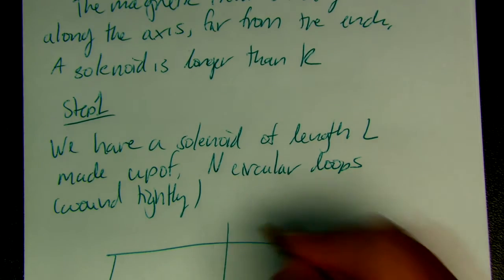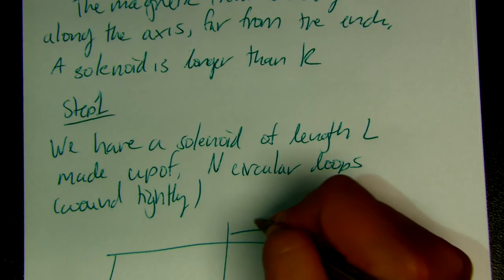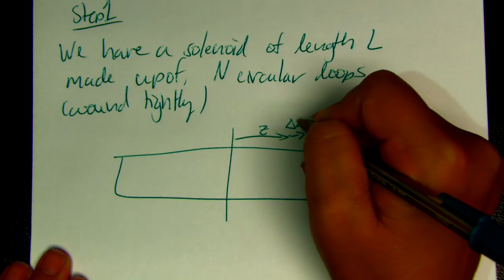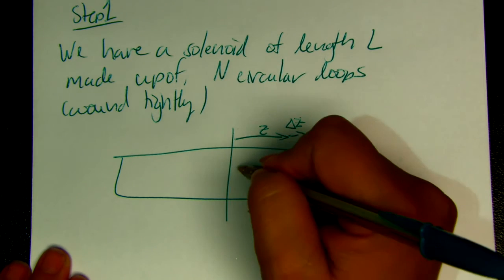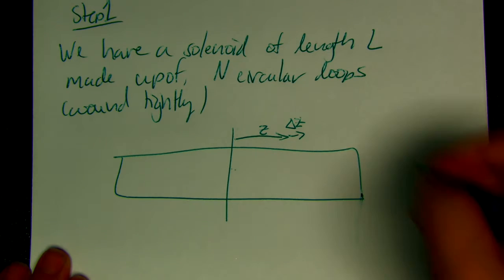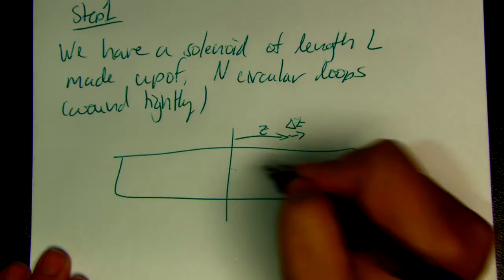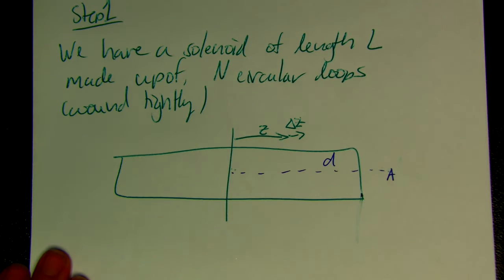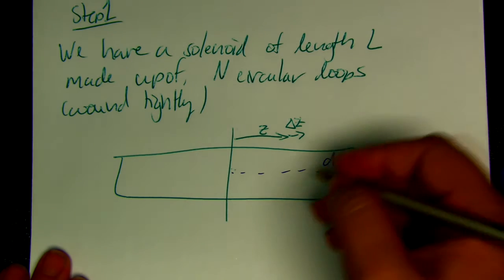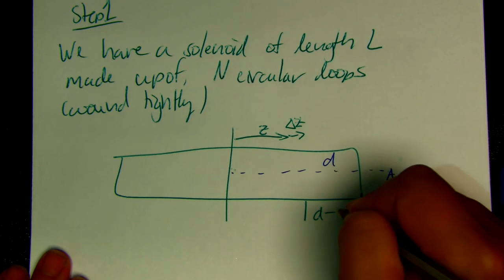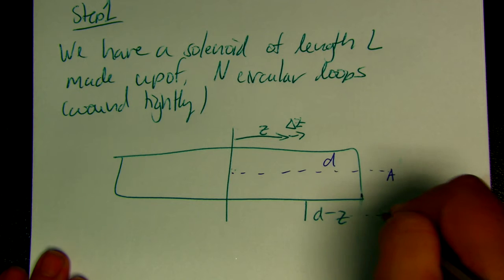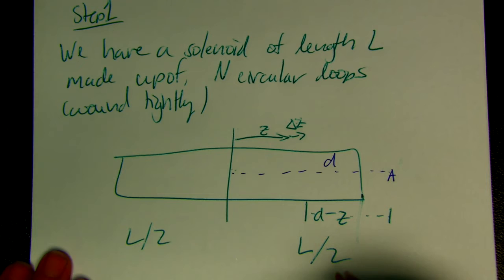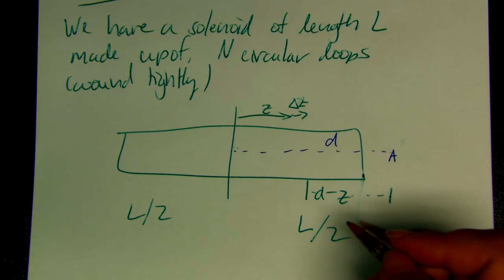So if we divide it down the middle, we would have Z, and we'd be looking at little chunks of delta Z. We would have our observation location, A, be some distance D from the center, and then you would have D minus Z to A, and L over 2 would be on this side, and L over 2 would be on that side.